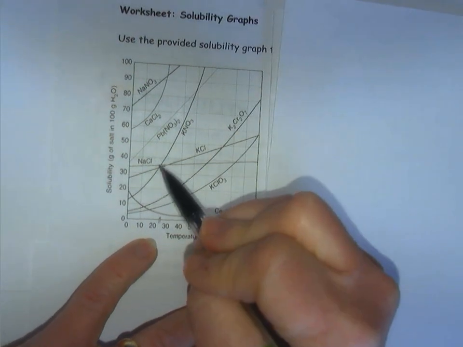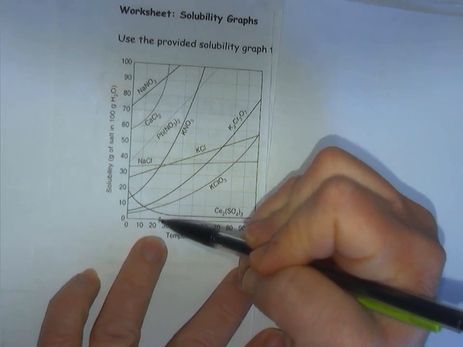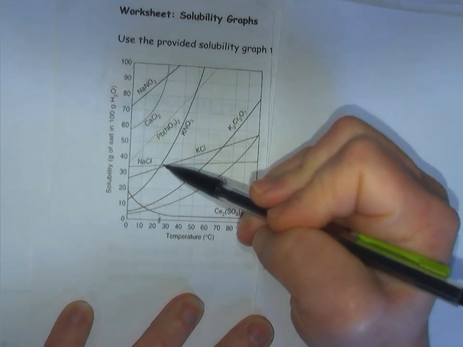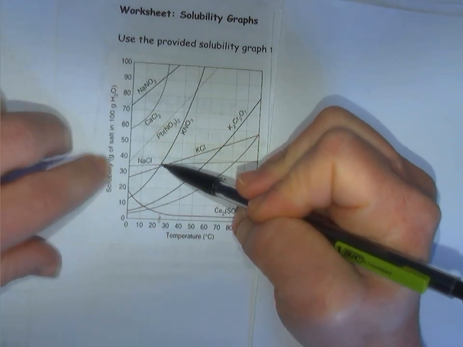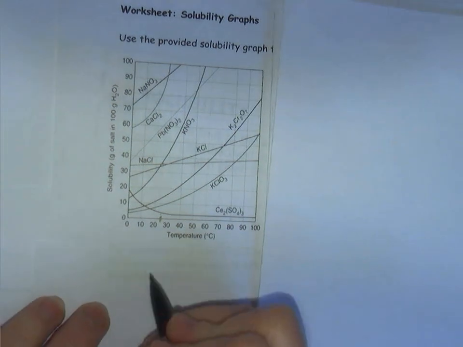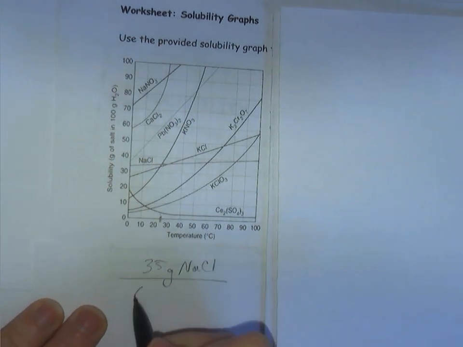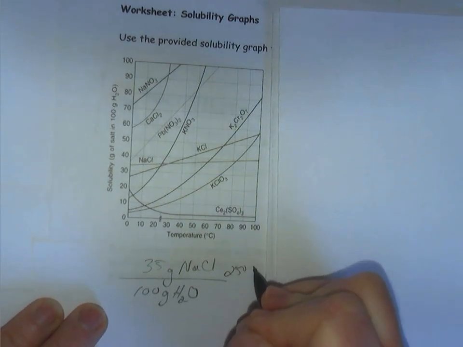So let's talk about sodium chloride, which is a common substance. So if we would read up to where the sodium chloride line is, the solubility of sodium chloride at 25 Celsius looks like about 35 grams can be dissolved in 100 grams of water at 25 degrees Celsius.